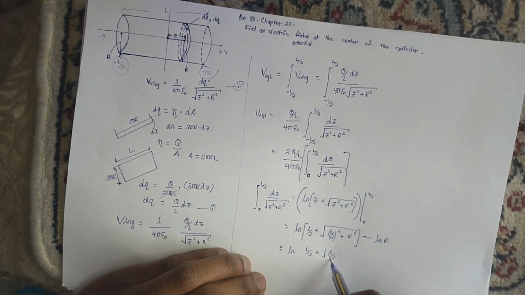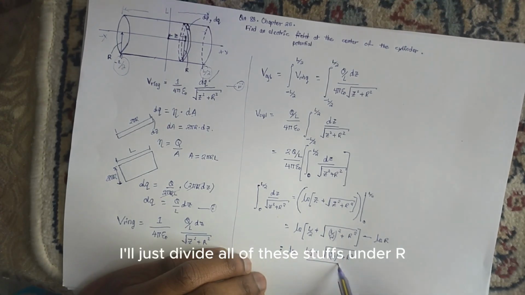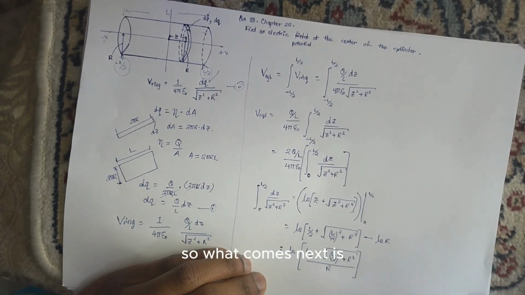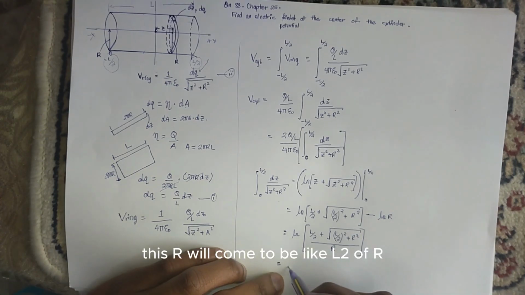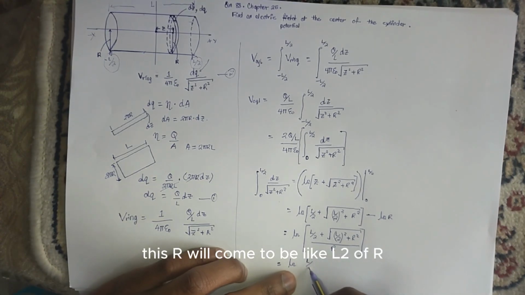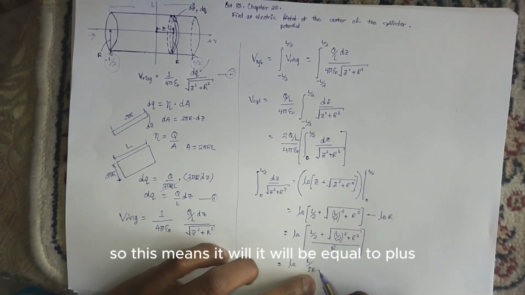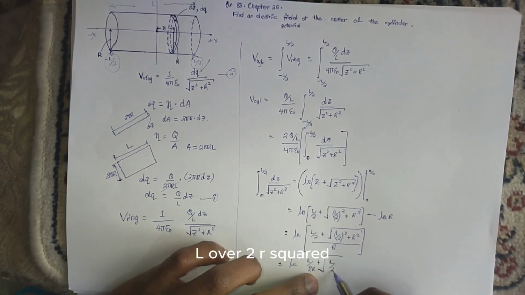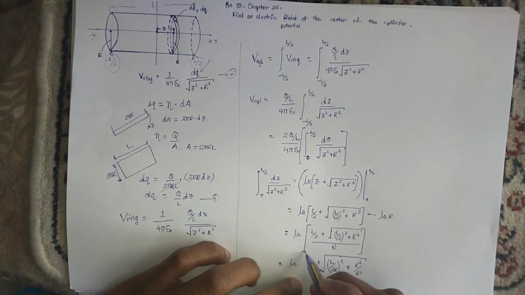I'm just repeating the same thing, but right now I'll divide all of these terms by r. So what comes next is this r will come to be like L over 2r. This r will enter inside here, so this means it will be equal to plus L over 2r squared, and then plus r squared divided by r squared, which is 1.